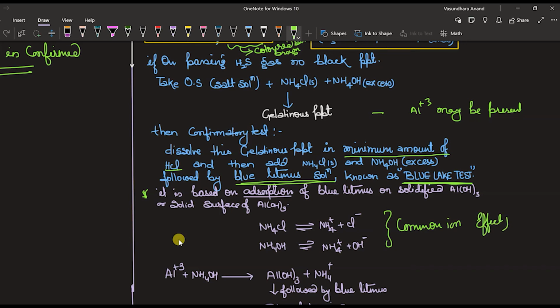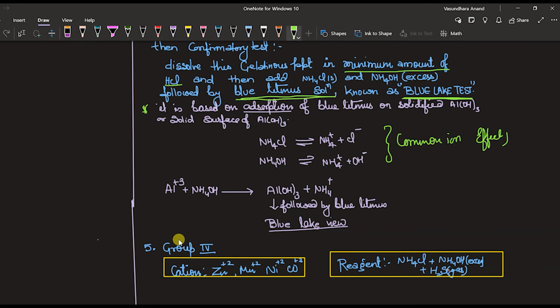How does it come? A question can be asked: in the reaction, we have Al3+ and NH4OH, so why are we adding NH4Cl? What is the role of NH4Cl in this case? NH4OH is a weak base, so it dissociates into NH4+ and OH-.